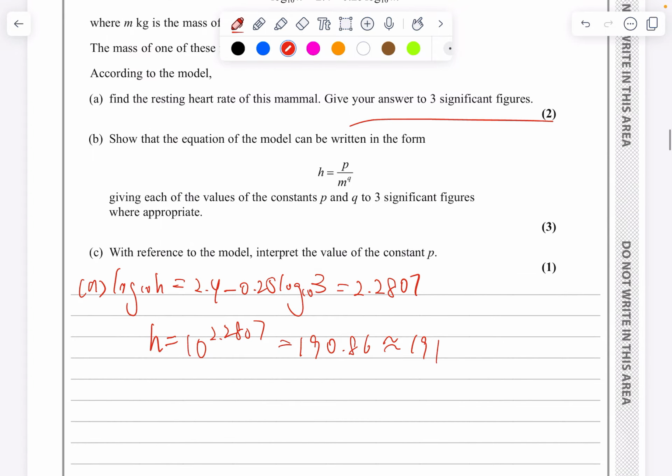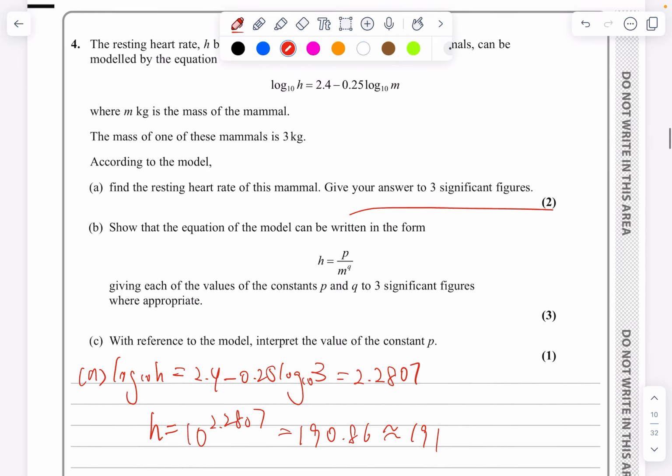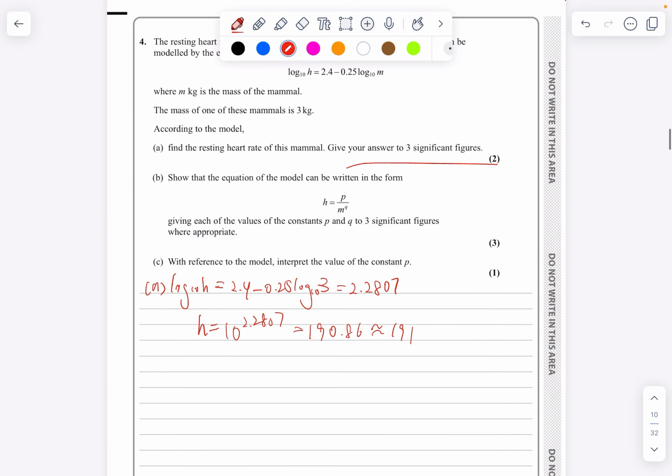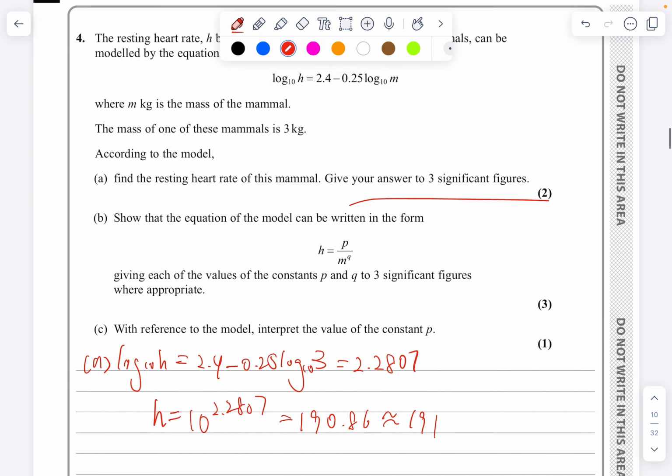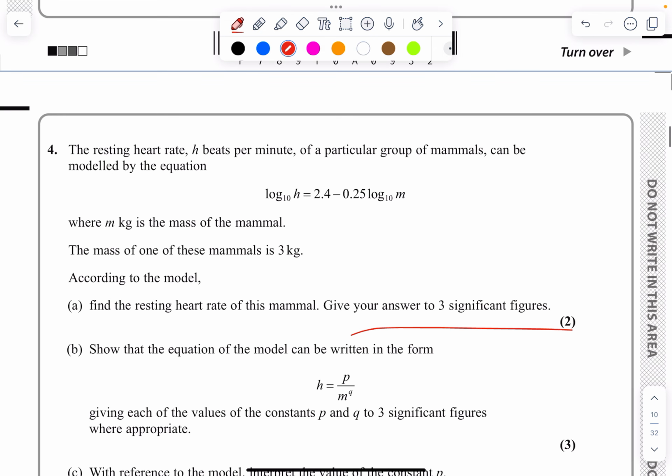Show that the equation of the model can be written as this. Okay. So just now what I mentioned in the part previously, you can take the power and then dump it in front and become a coefficient, right? But let's take the inverse of this over here. But first, let's move this over here.